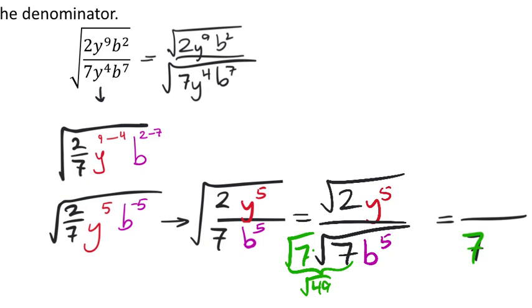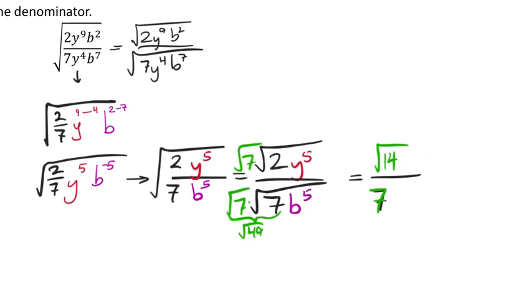But if you do it to the denominator, you must also do it to the numerator. So I'd have to take the square root of 7 times 2, which would be the square root of 14.